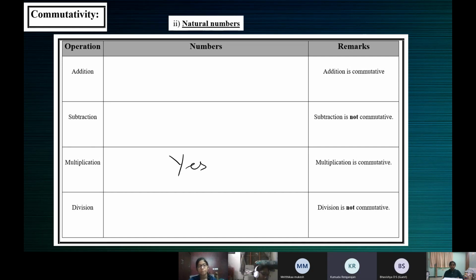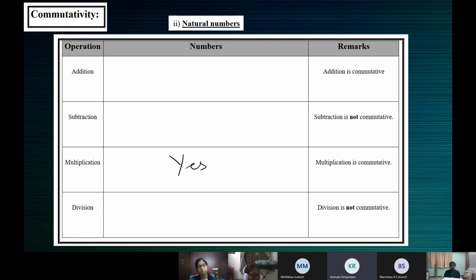Natural numbers are closed under multiplication. This is commutativity. Yes, when you multiply two natural numbers in any order, the answer is the same. Not that the answer is also a natural number, that is closure property. The answer will be the same in both the cases.